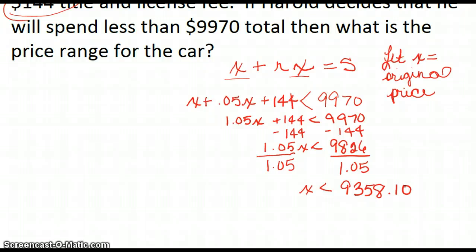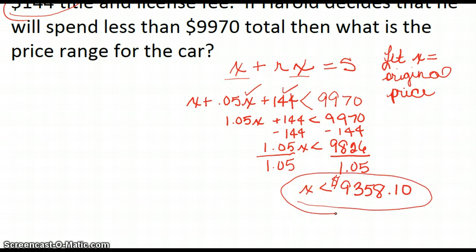So that means that X has to be less than, that means the price of the car before he pays all of the tax and title has to be less than $9,358.10.